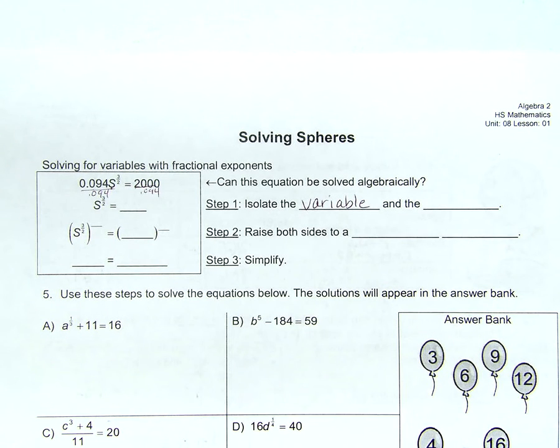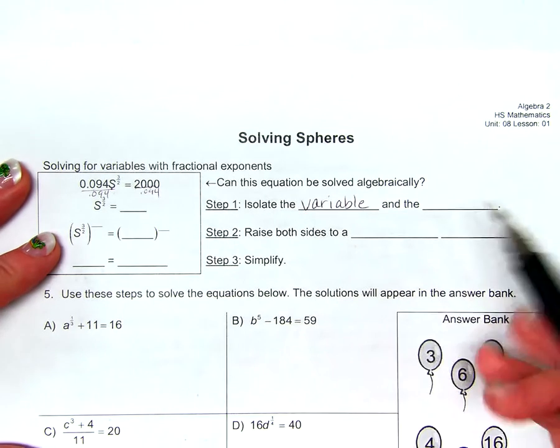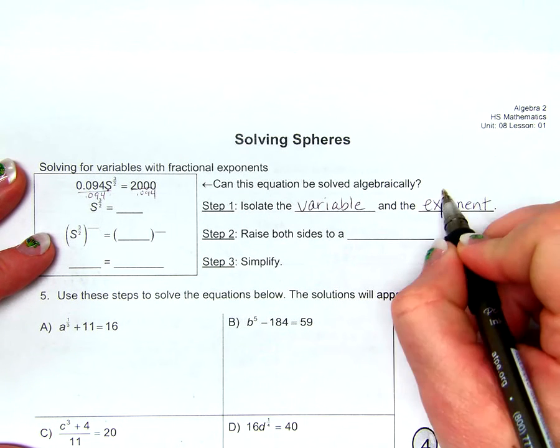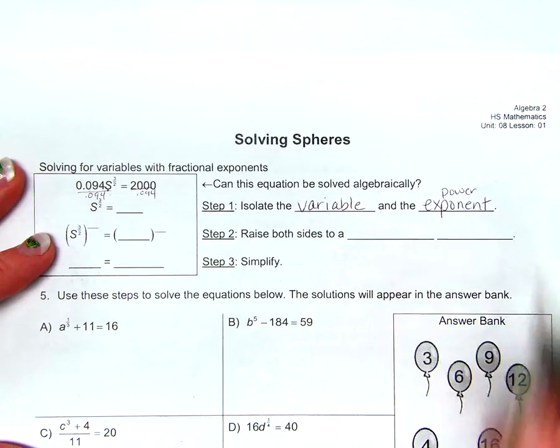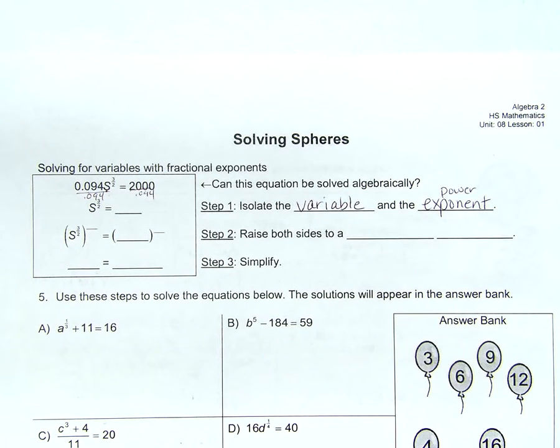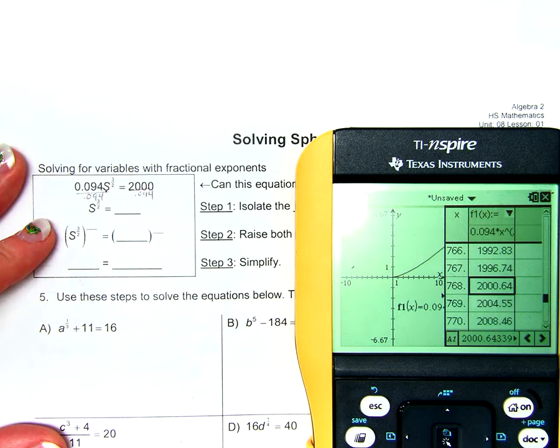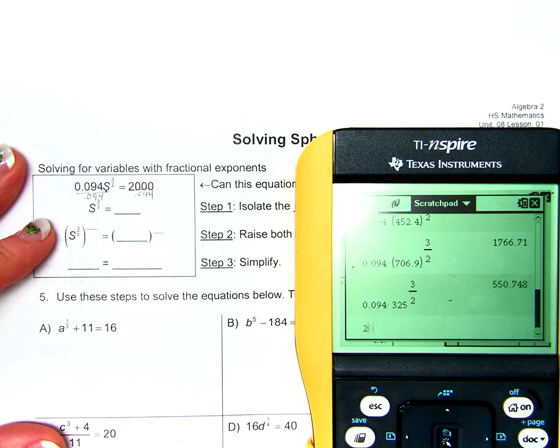Isolate the variable, the variable that has the exponent. And remember, we can also use the word power. So if we divide both sides by 0.094, we get 2,000 divided by 0.094.